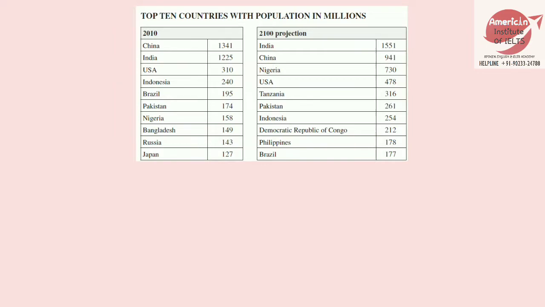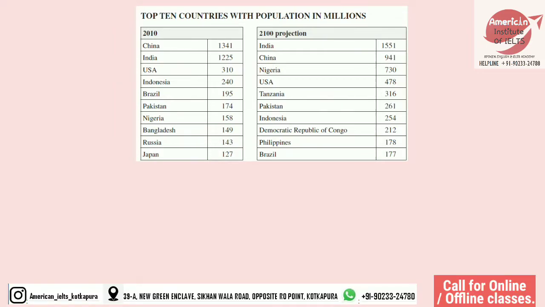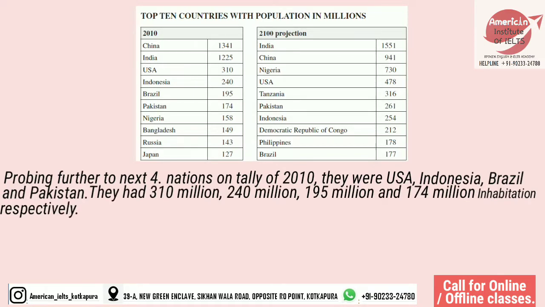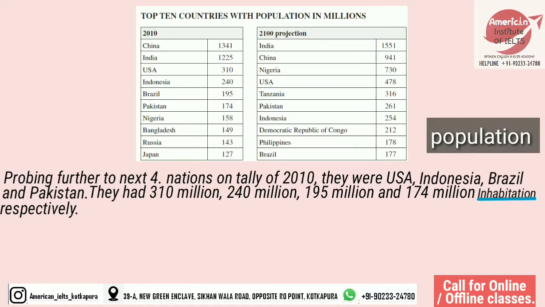So now, in this body paragraph, we are to talk about USA, Indonesia, Brazil, Pakistan. So here we can say, probing further to the next 4 nations on the tally of 2010, they were USA, Indonesia, Brazil and Pakistan. Now they had 310 million, 240 million, 195 million and 174 million in habitation respectively.